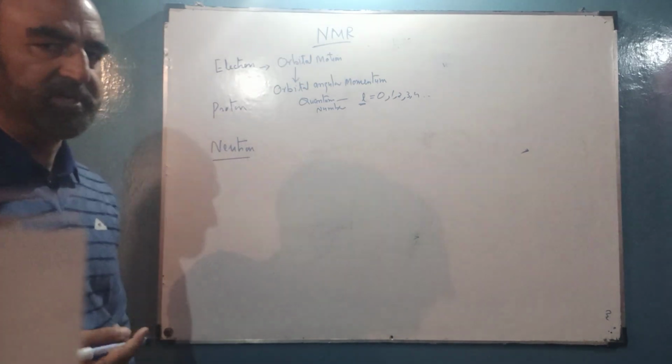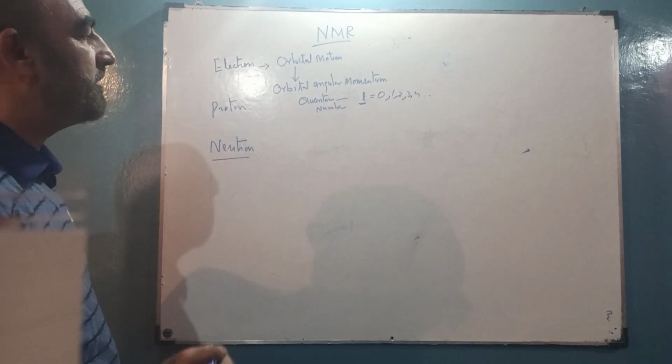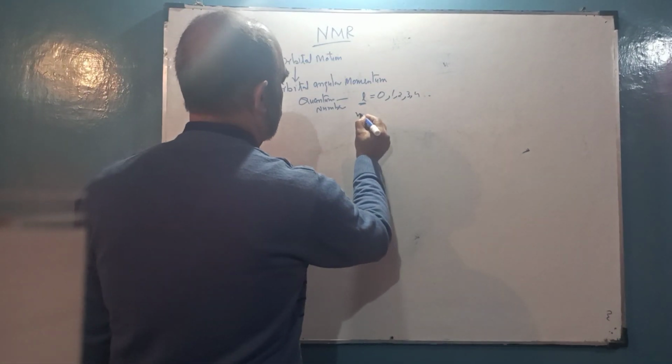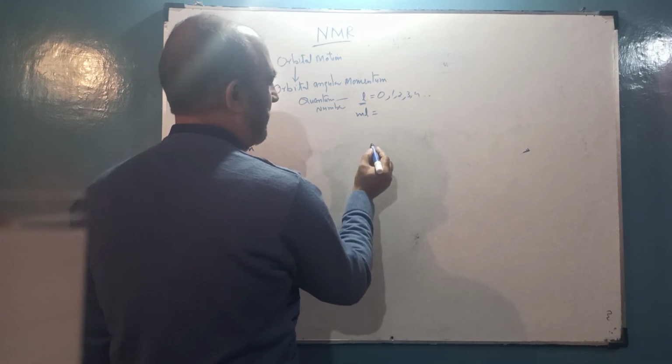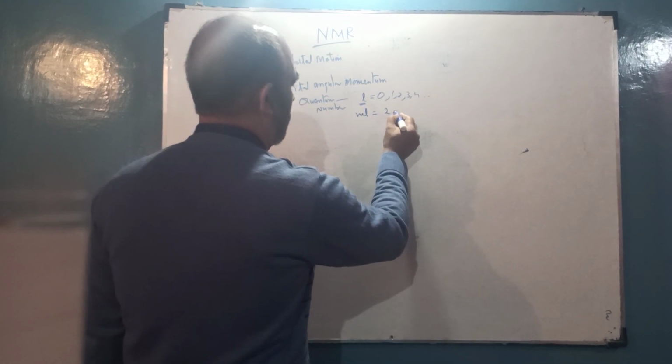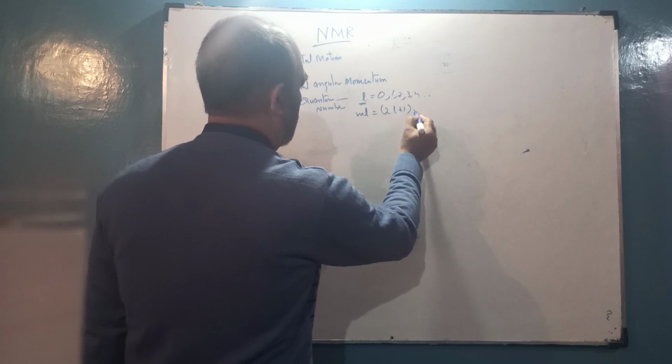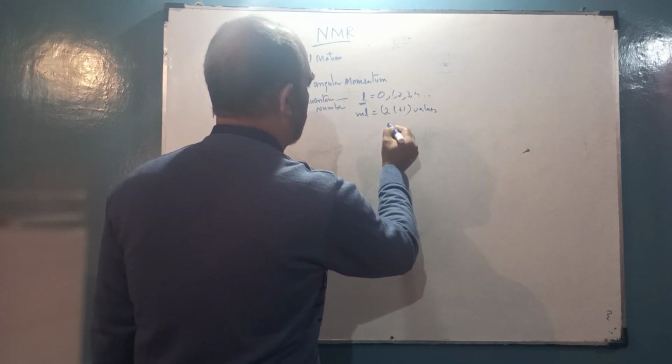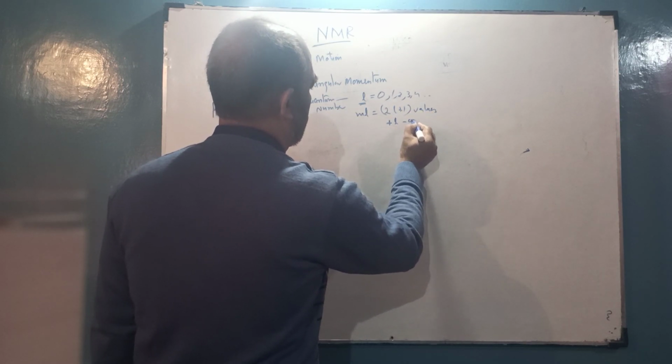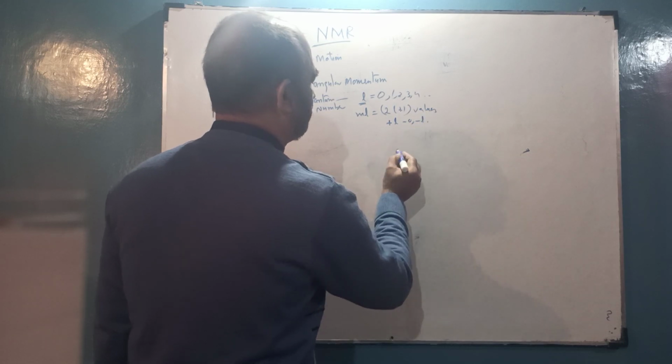This we know from our elementary classes. And its z component is written as ml. Now ml can have 2l plus 1 values, from plus l to minus l.